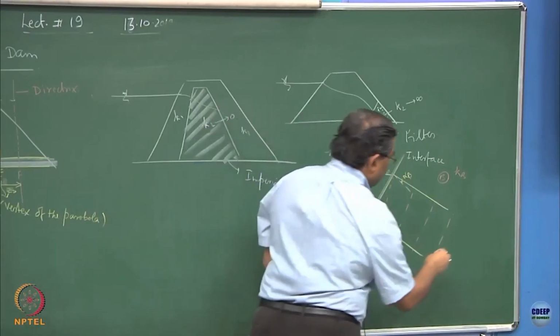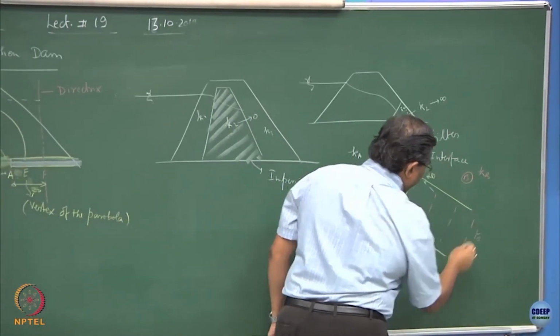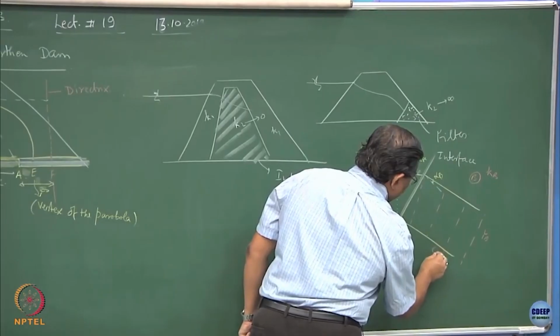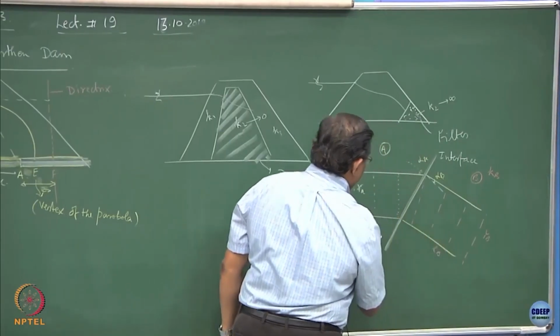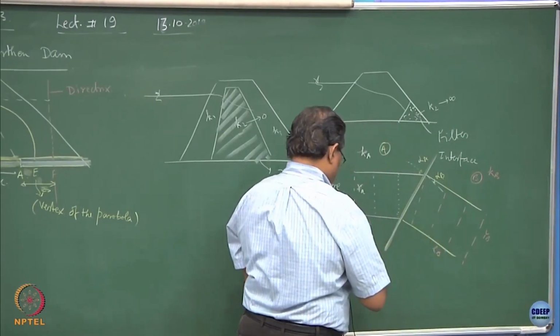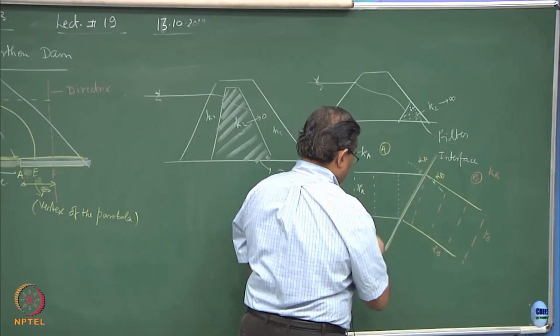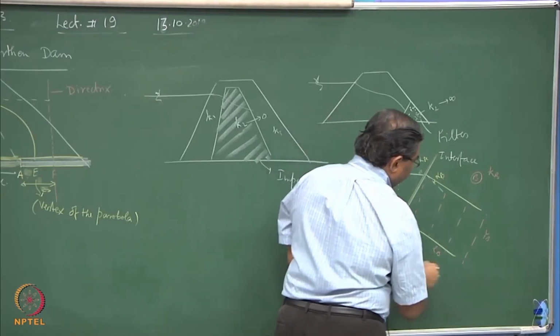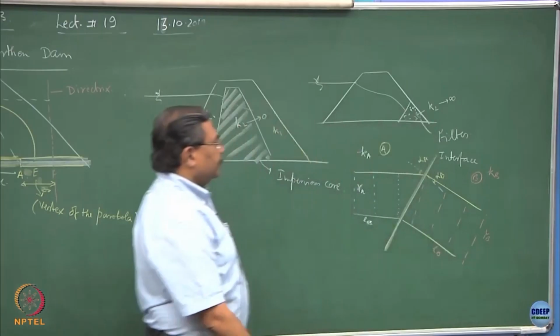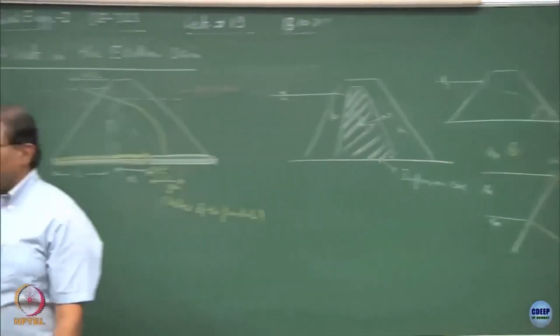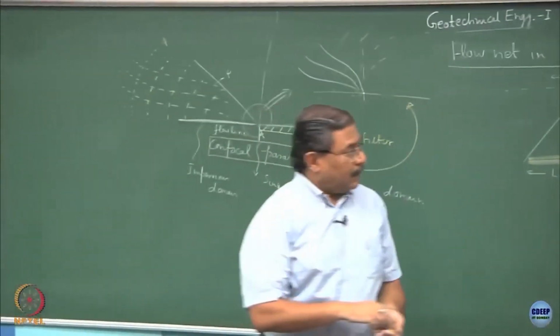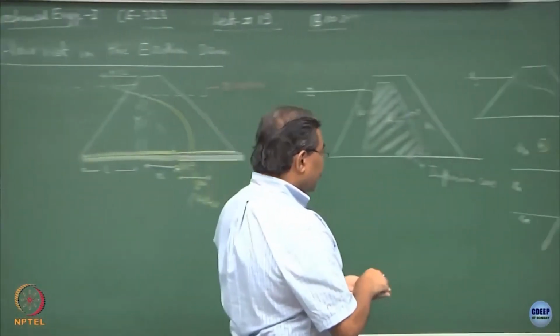So, this is Y B and L B. Can you draw a relationship between alpha A and alpha B?